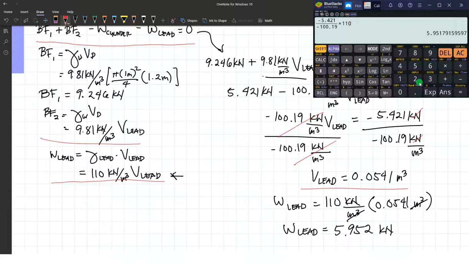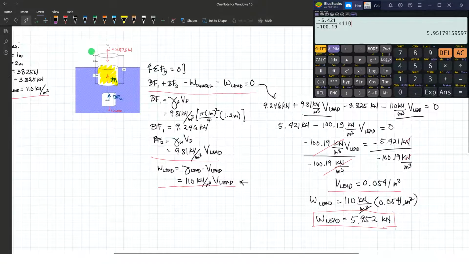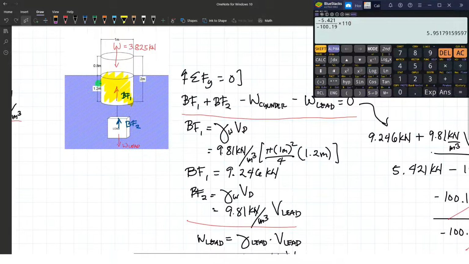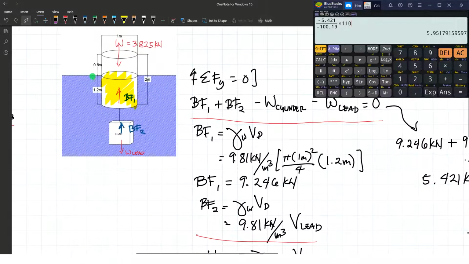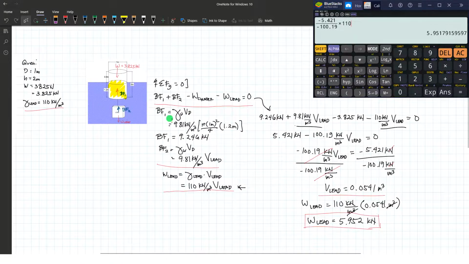So that's the weight of lead required in order for the cylinder to be submerged 1.2 meter below the water surface, if you attach the lead at the bottom of the cylinder.